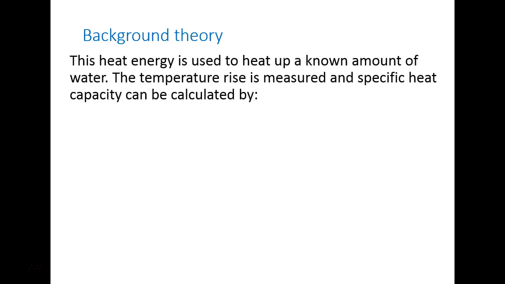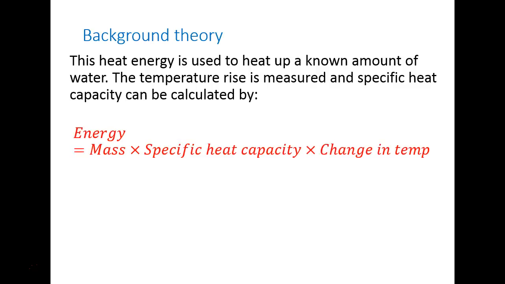Now, this heat energy is used to heat up a known amount of water. The temperature rise is measured, and then we can calculate the specific heat capacity by using this equation here. Energy is equal to mass multiplied by specific heat capacity multiplied by change in temperature.